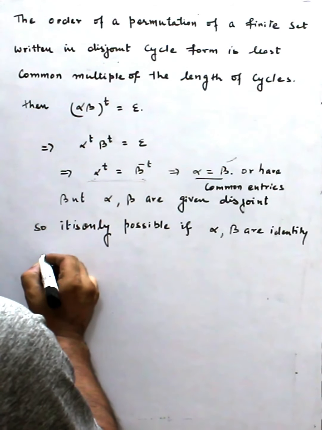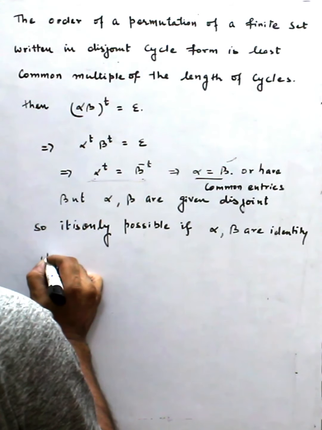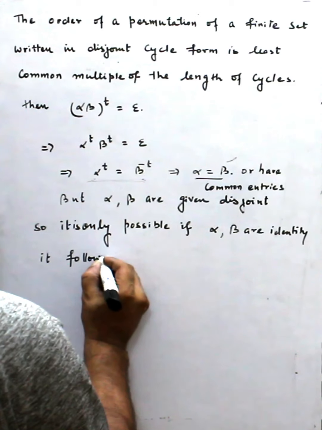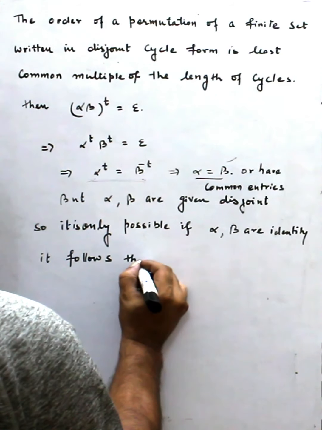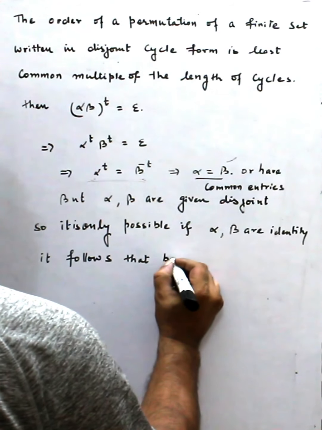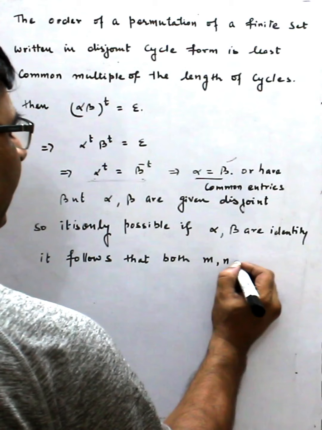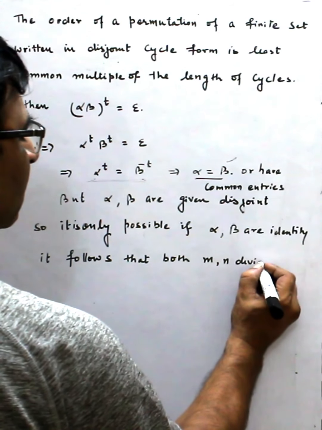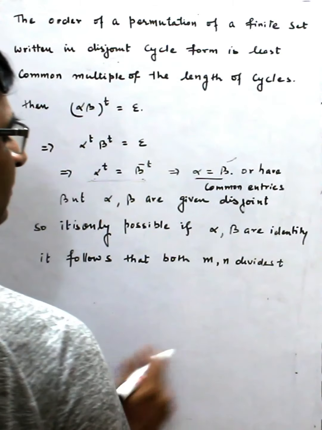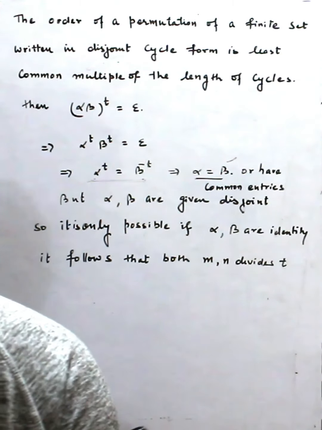So what we conclude is, it follows that both m and n divide t.